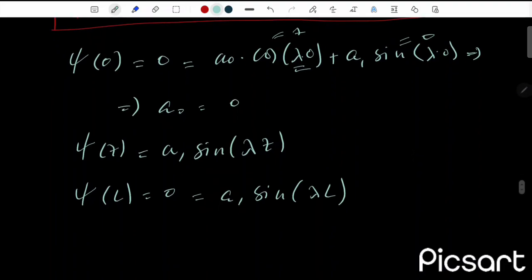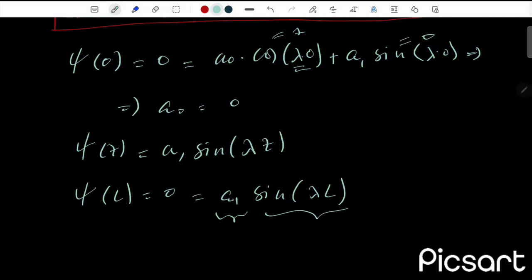Here we must remember that if psi is equal to 0 when z is equal to L, this means that either a1 is equal to 0, or sine of lambda times L is equal to 0.